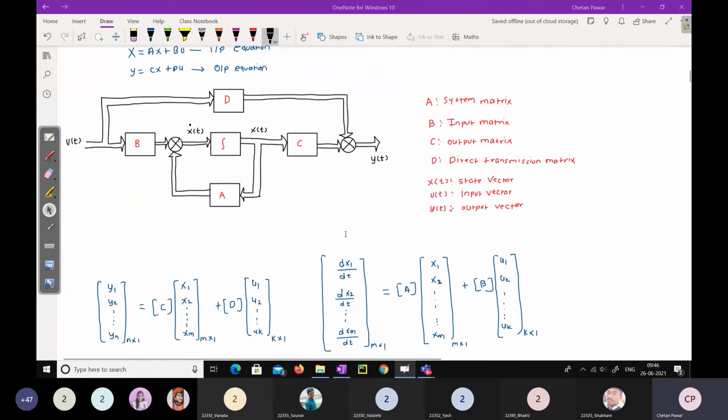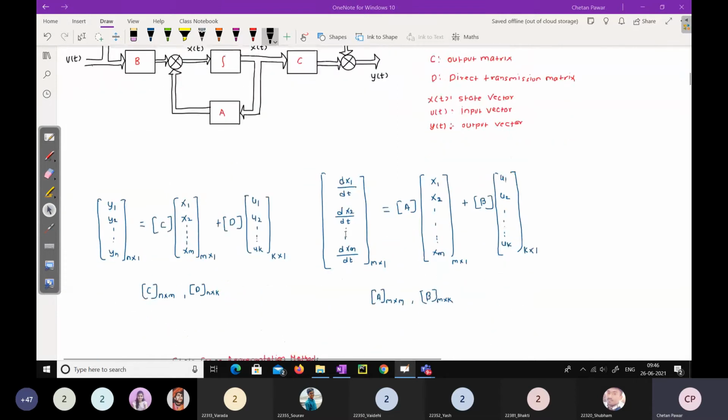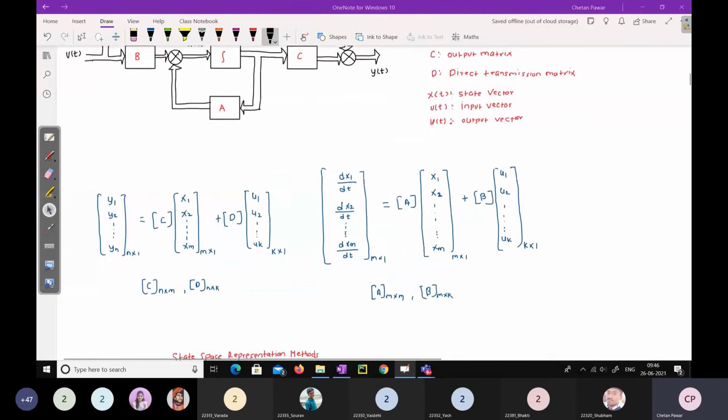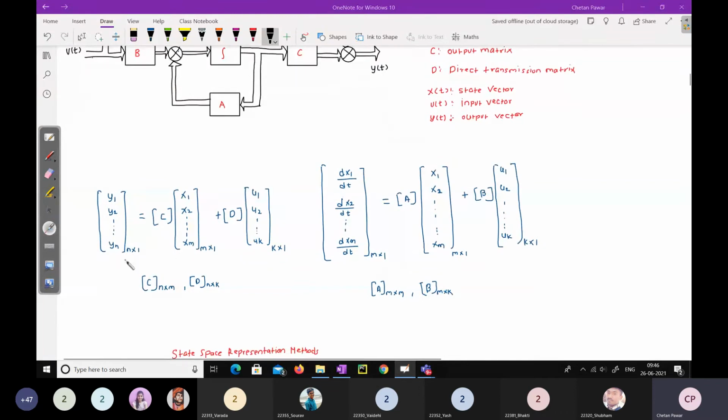If we consider the output equation, y equals cx plus du, the sizes of the C and D matrices are decided by the size of the state vector, the size of the input, and the size of the output. These are matrices.